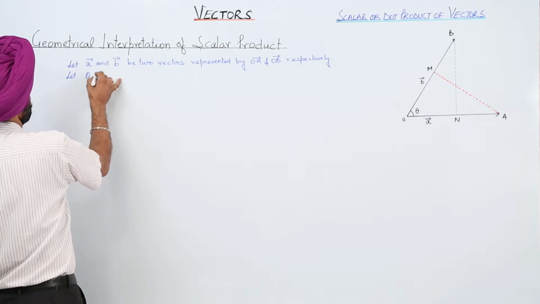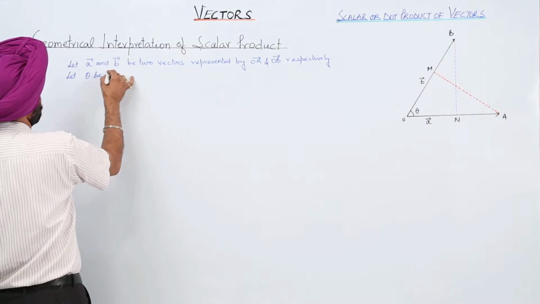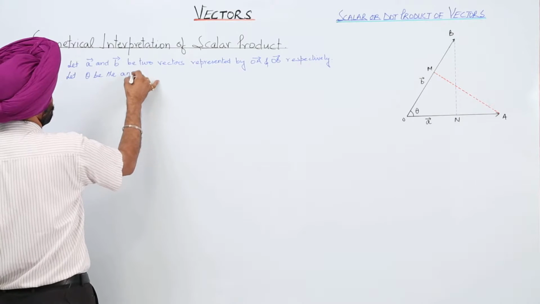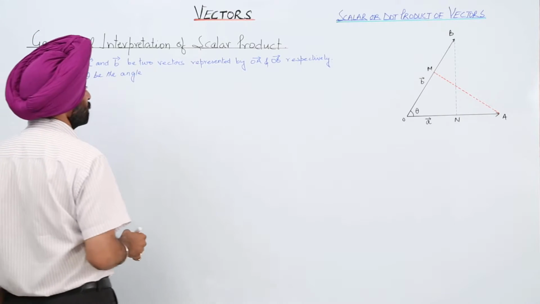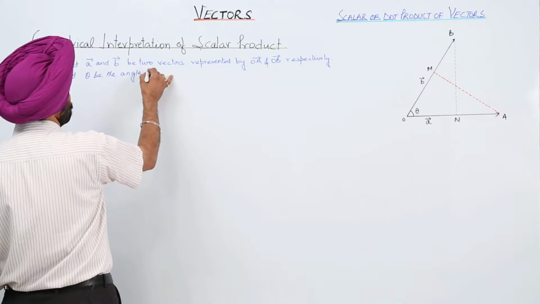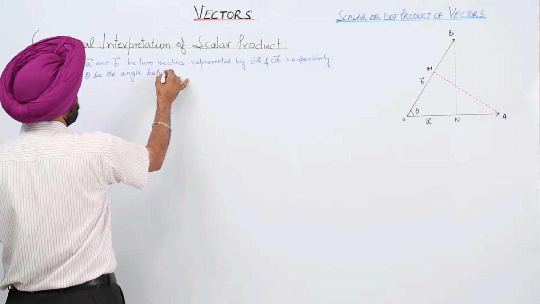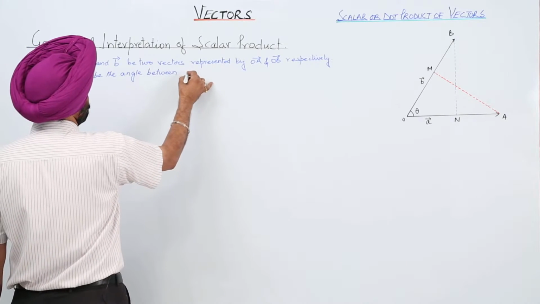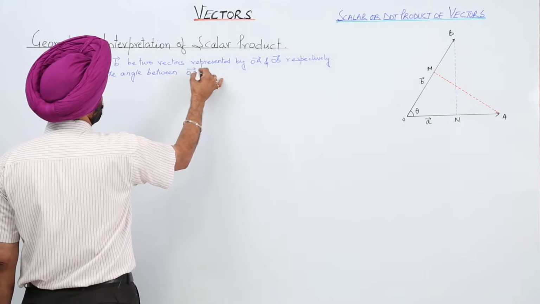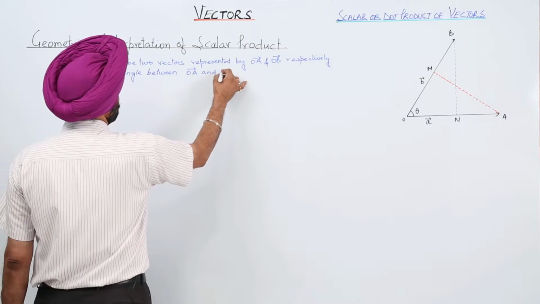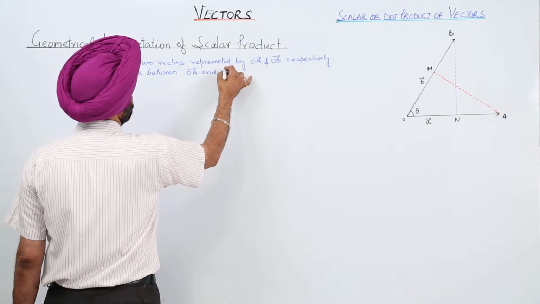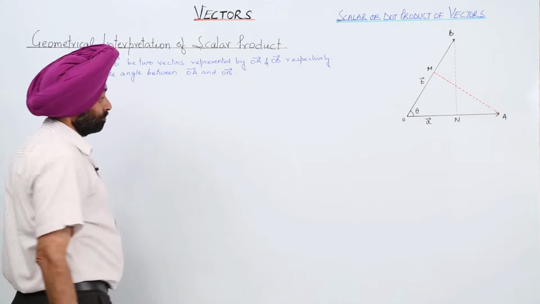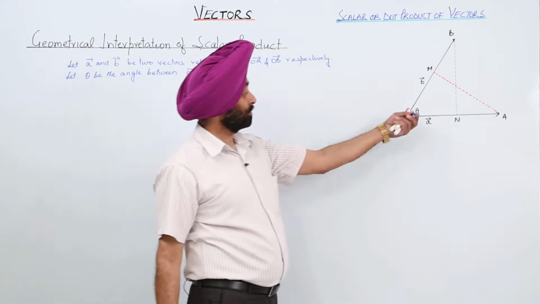Let theta be the angle between vector OA and vector OB. Theta is already mentioned here.